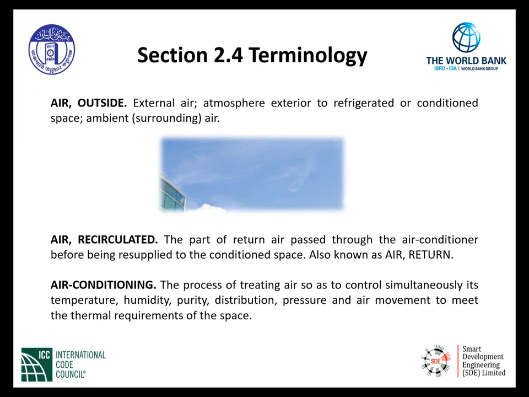Now going back up to the first definition that we indicated, outside air. This is important because in our buildings that we cannot provide natural ventilation, we must provide mechanical ventilation.